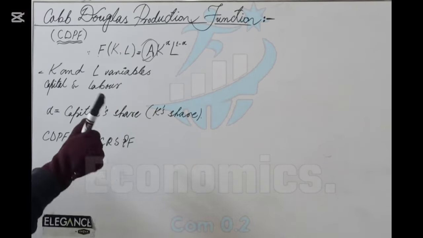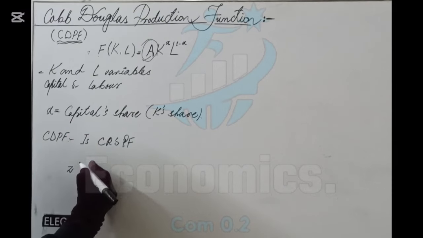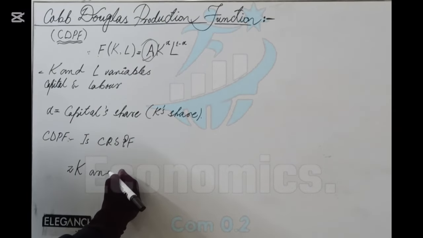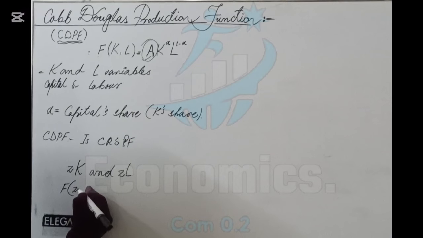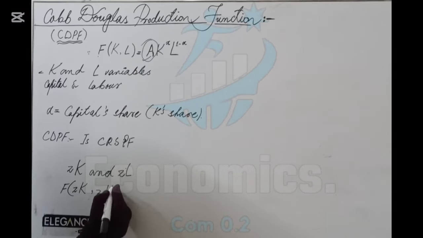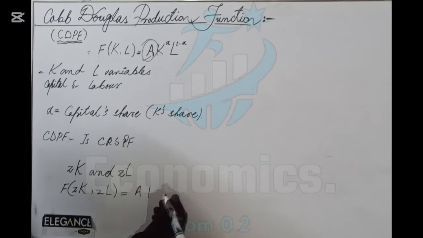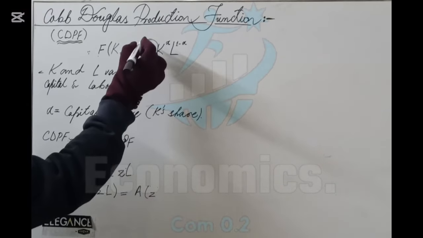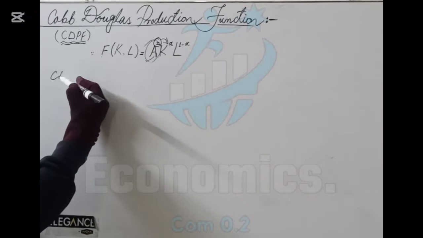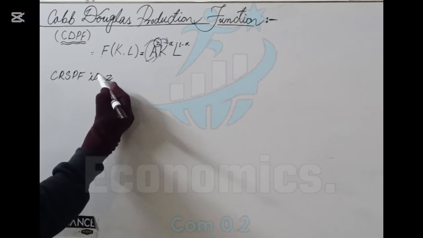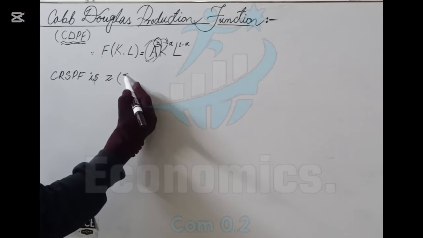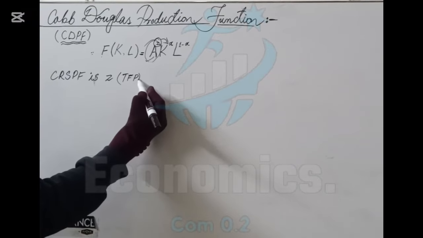The production function should give us Z times the output if we multiply K and L by Z. What is the total factor productivity?